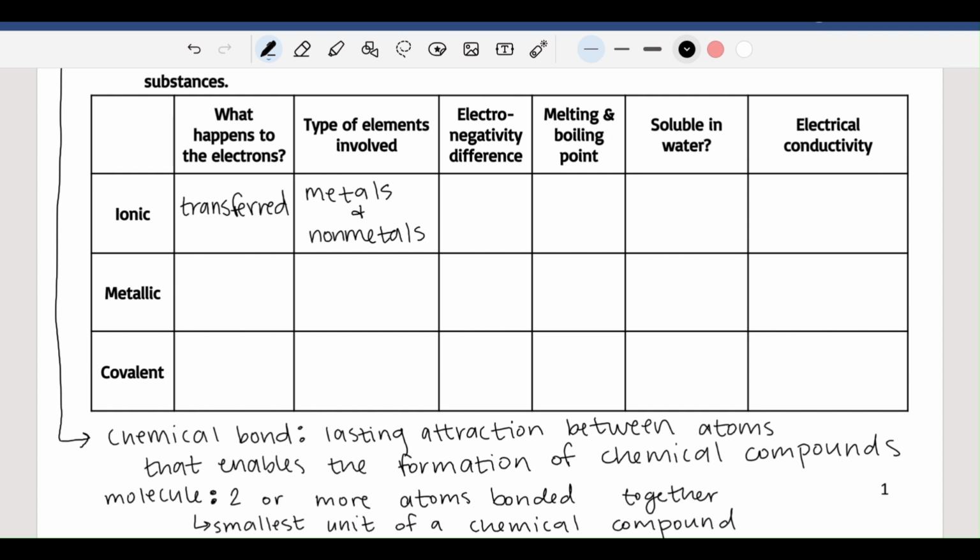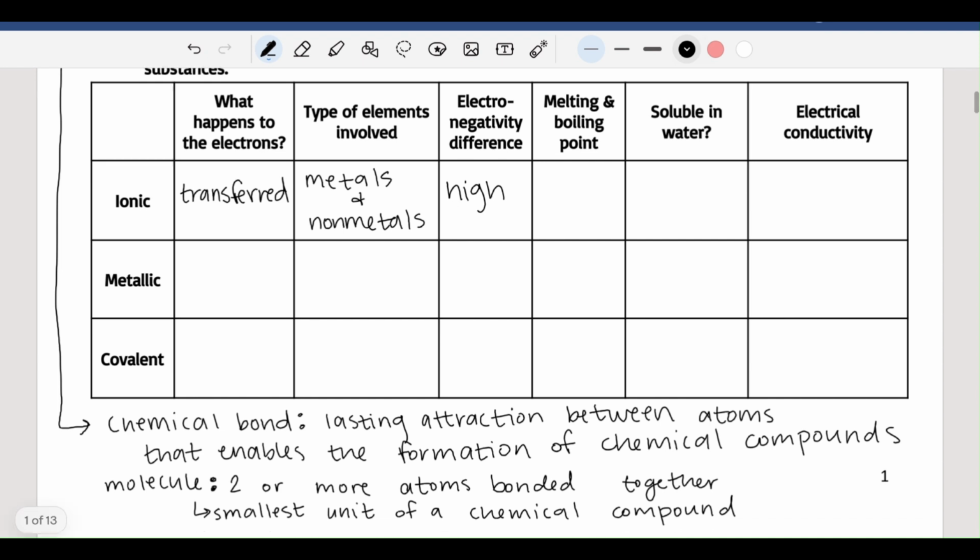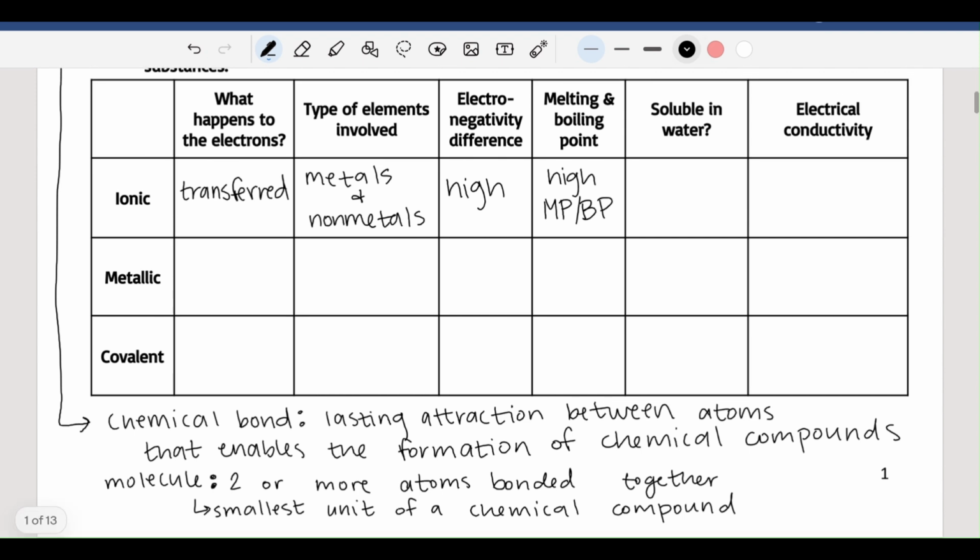Now, do they have a high electronegativity difference or a low difference? It's high because metals are all the way on the left and nonmetals are all the way on the right. And so if you follow that electronegativity trend, nonmetals have a much higher electronegativity. They attract those electrons. Now, melting and boiling point. We found in the lab that ionic compounds have a very high melting point, and that would also mean it has a high boiling point.